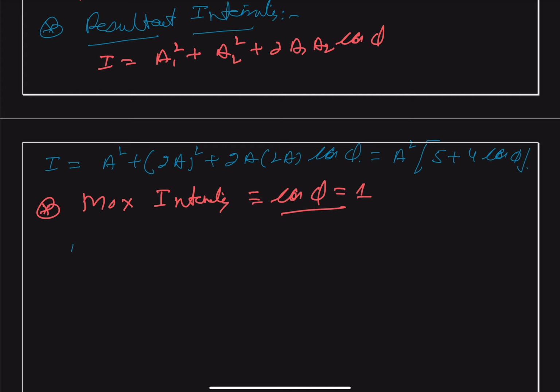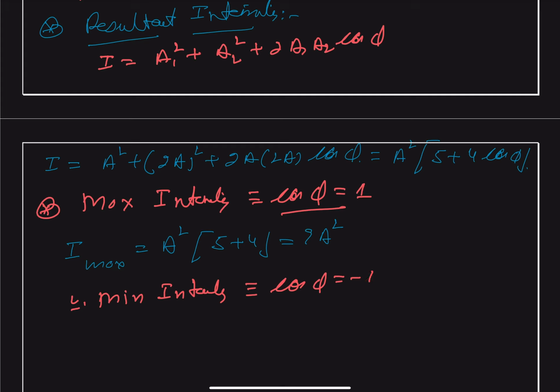So I max will be equal to A square times 5 plus 4, giving us 9A square. For minimum intensity, cos of phi is equal to minus 1, and this gives I minimum equal to A square times 5 minus 4, which is A square.